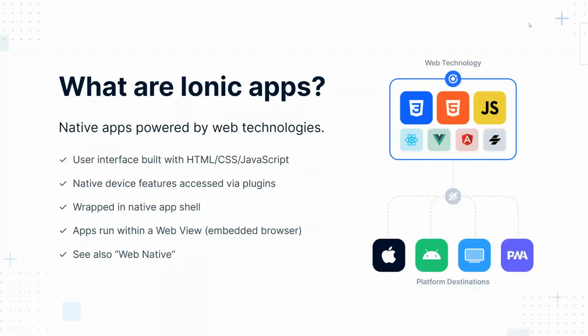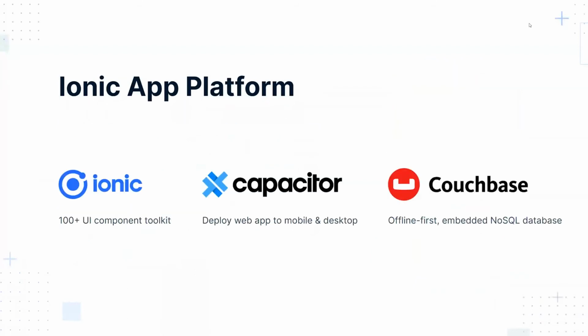And when we think about how all these technologies might pair together with the Ionic app platform, we have three pieces of the puzzle here. We've got Ionic, which is our open source, free 100+ UI component toolkit. So this is all of your standard controls like buttons and forms and cards and other kind of components that you use to build really awesome mobile apps and desktop apps.